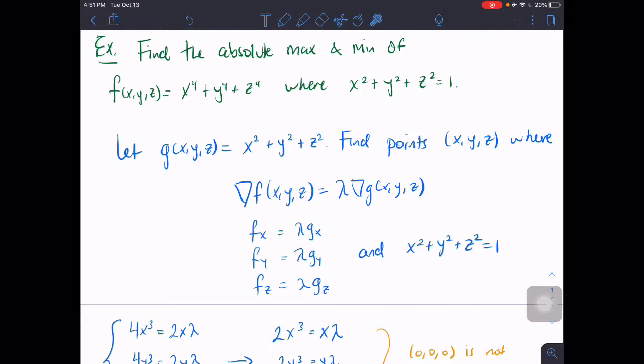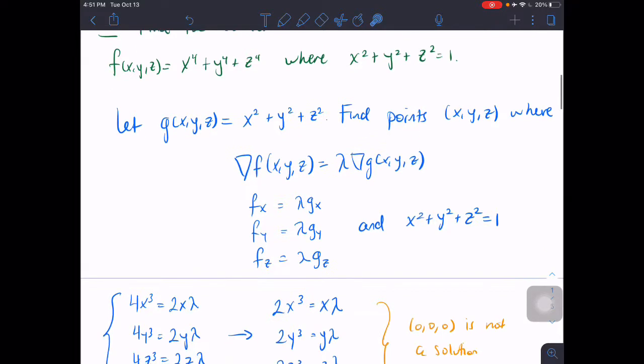Now that we've defined g, we're going to find points x, y, z such that the gradients are scalar multiples of one another. So the partials with respect to x, y, and z need to all be scalar multiples in terms of lambda, and those points need to lie on my constraint equation.